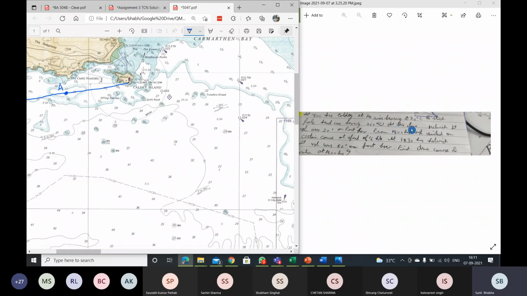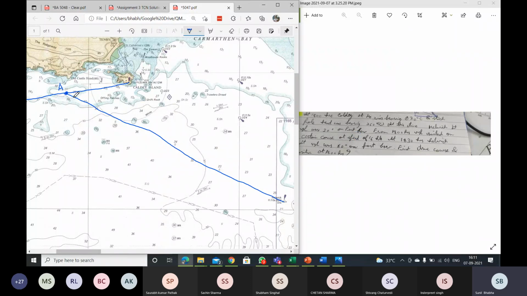So the question says that at this time, Helvig light vessel was 30 degree on the port bow. So this is Helvig light vessel here. So let me join point A with Helvig light vessel. So this is basically the bearing line of the Helvig light vessel, and it is 30 degree on my port bow.